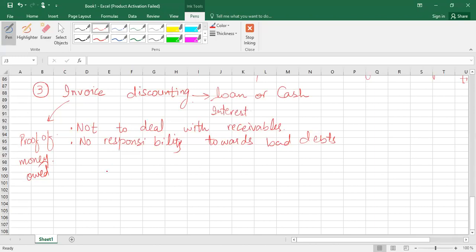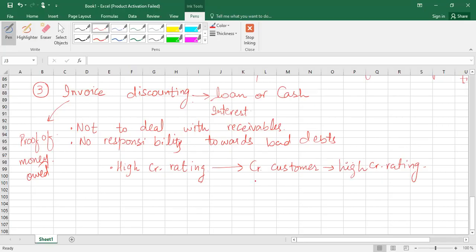To take the benefit of invoice discounting, you should be running a company which has a very high or good credit rating in front of credit rating agencies and banks. And most of the time, your credit customer also has a high credit rating in front of the bank or finance provider.